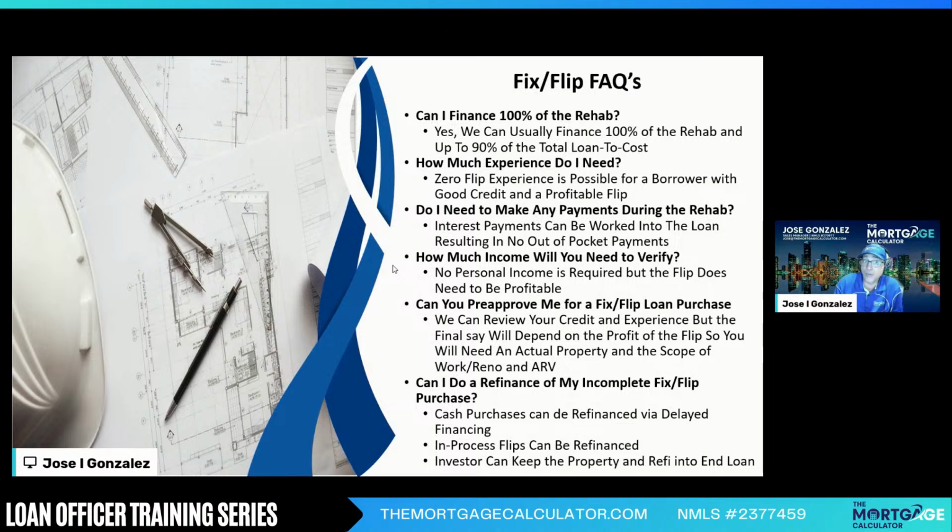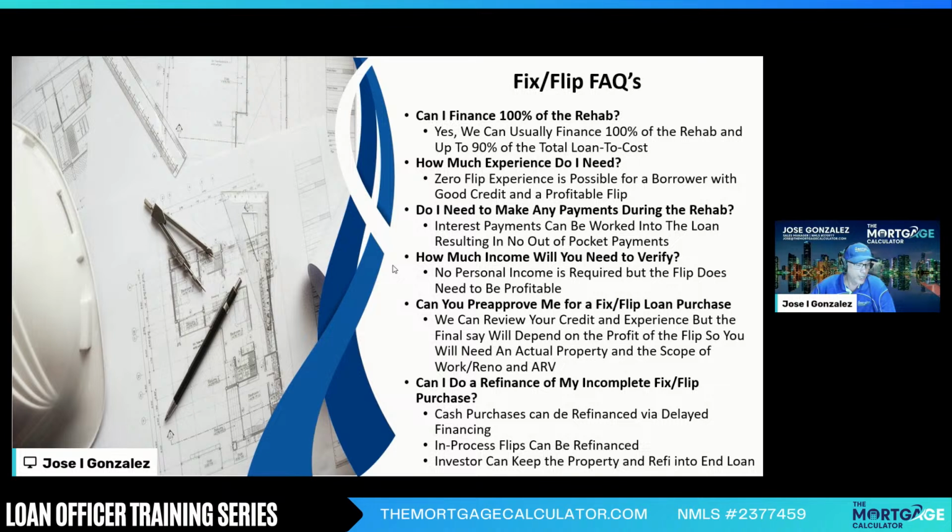So you will need an actual property and the scope of the work, renovation, and the ARV and all the other components that I mentioned, which I'm going to cover in the last slide, so that we can actually quote the deal and let you know how much will be lent to you, what the loan amount will be, what percentage, and all that kind of stuff, as well as the interest rate. So it's hard to pre-approve anybody for a fix and flip unless you already have an exact property selected.